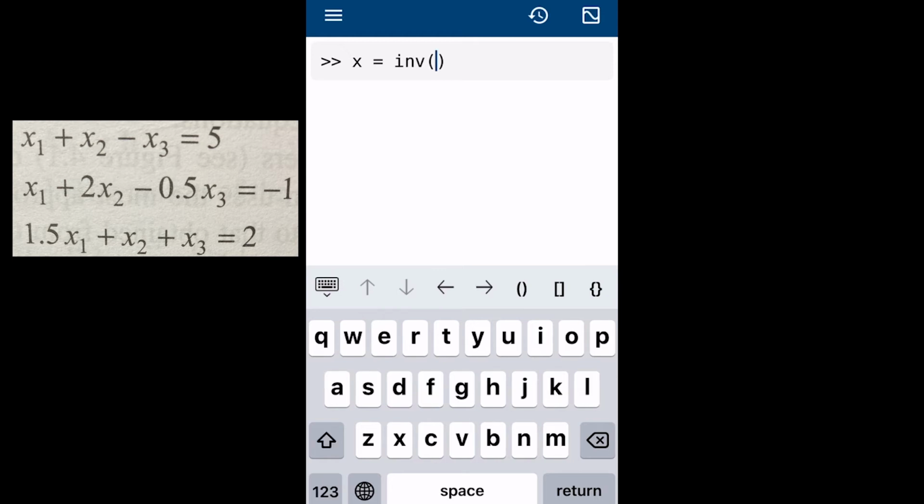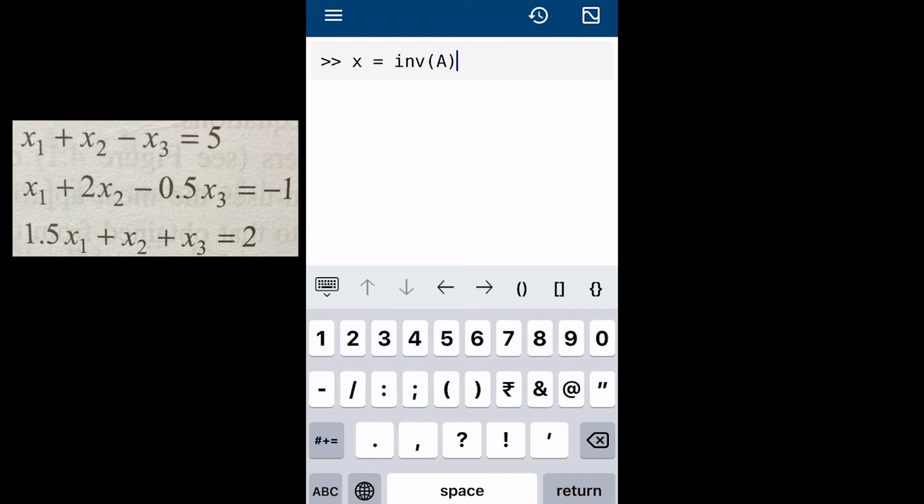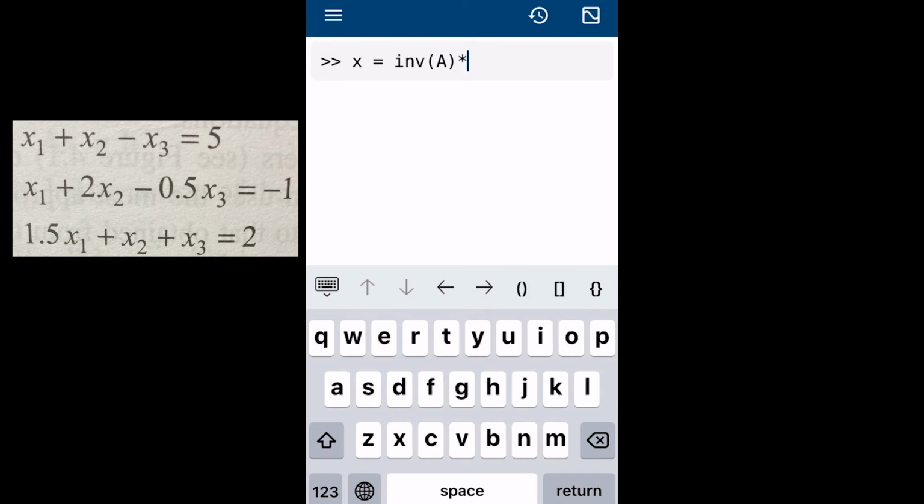So the input will be the matrix A, and inv(A) will give you the inverse of A as the output, and multiplied. In Matlab you have to use star and multiply by the B vector, right? So this will give you the solution. If you run this, you will not get any answer. You will get an error because you have not defined the matrix A and B.